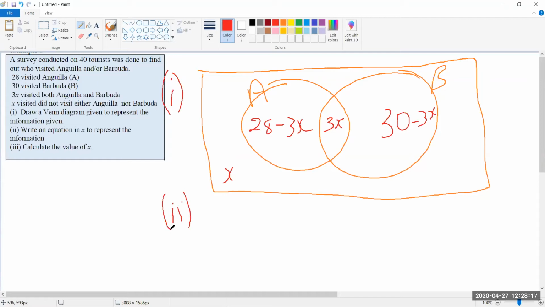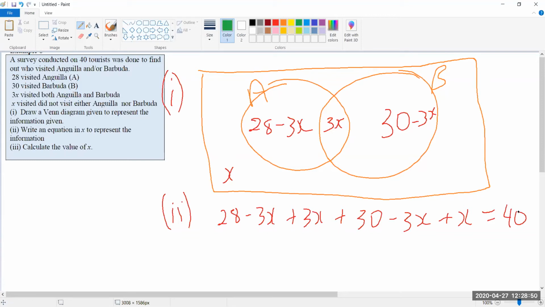So all we have to do is say 28, take away 3X, plus the 3X who visited both islands, plus Barbuda, which is 30, take away 3X, and of course, plus the X that is outside. Everybody good? And of course, this is equal to 40. It's an equation, so you have to put equal to 40.